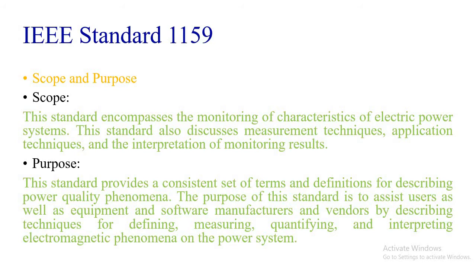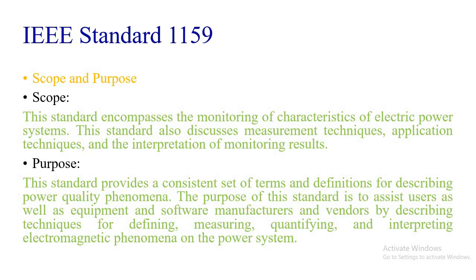The purpose of this standard, or this recommended practice, is to assist users as well as equipment and software manufacturers and also vendors by describing the techniques for defining, measuring, quantifying, and interpreting electromagnetic phenomena on the power systems.